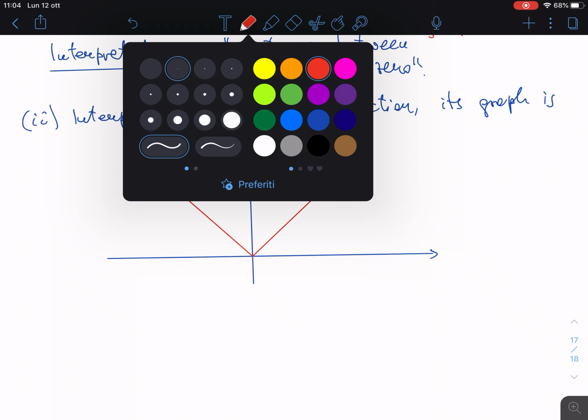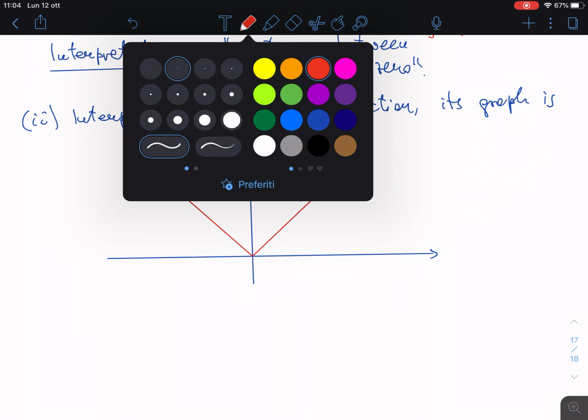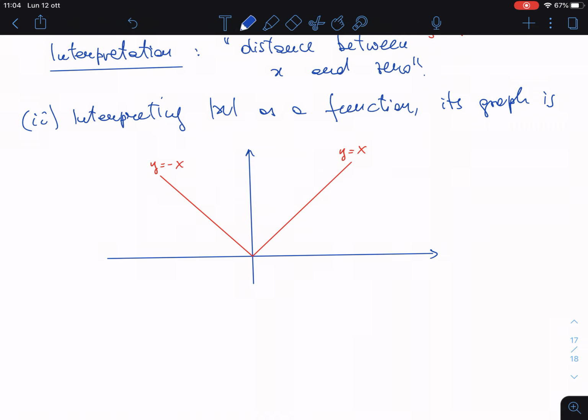And so another property is the following. Is that the modulus of x is equal to the modulus of minus x. So you can change the sign inside the modulus without changing anything.